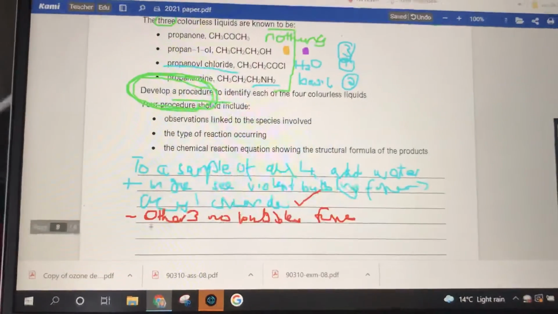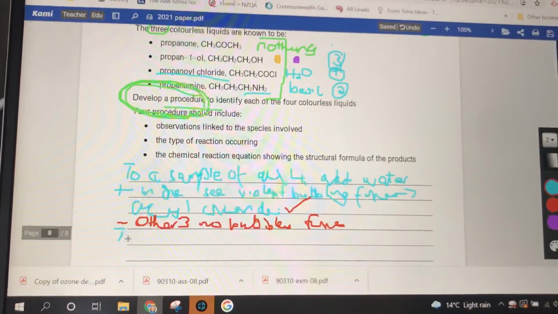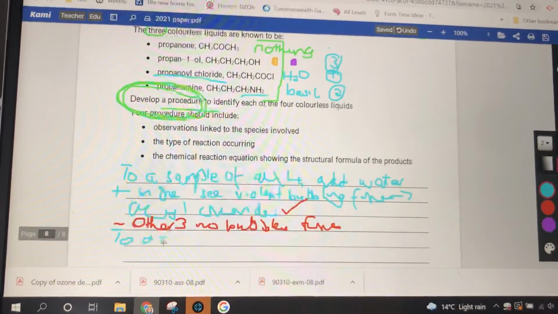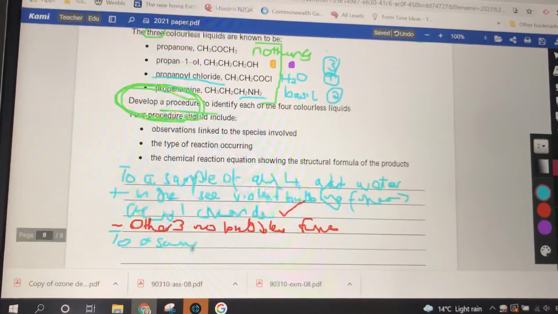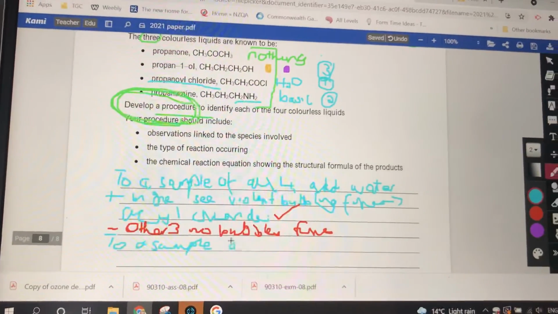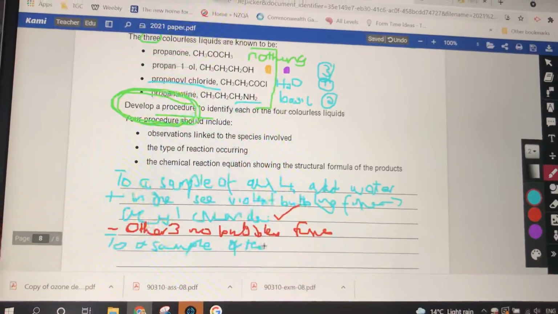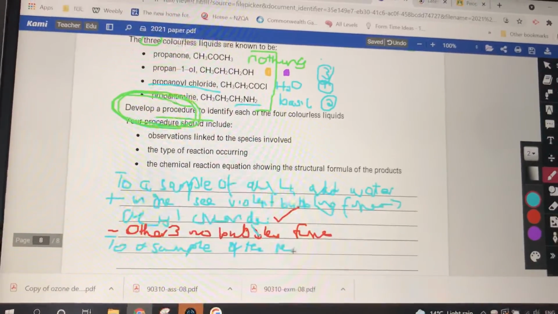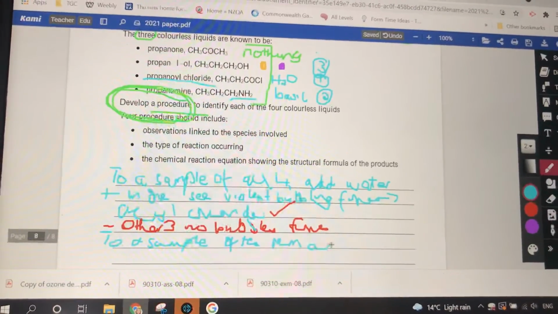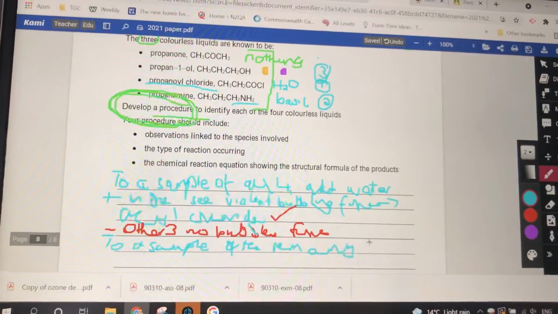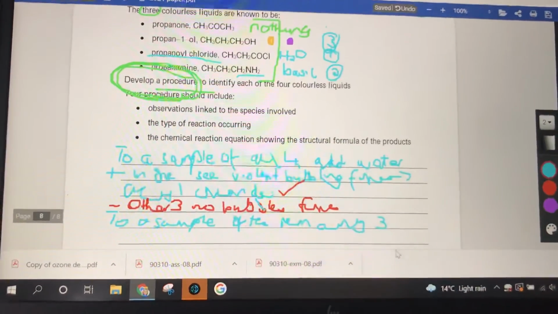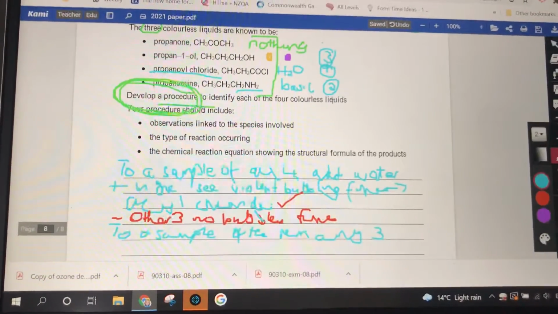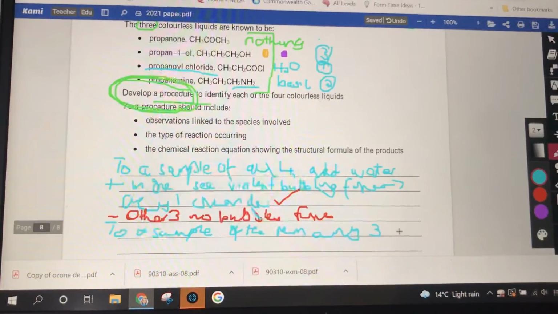So now I go into my step 2 to a sample of the remaining 3. Wish I'd bought a paper copy of this test. I'm going to add universal indicator.